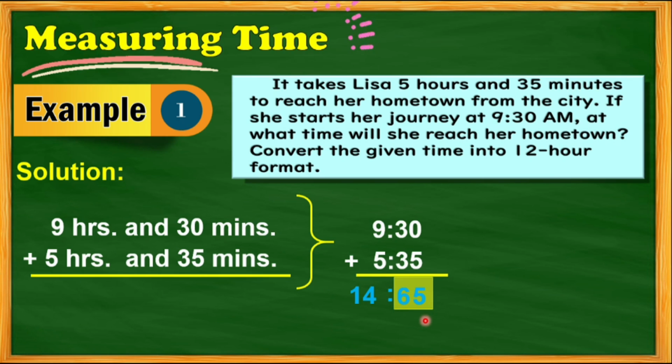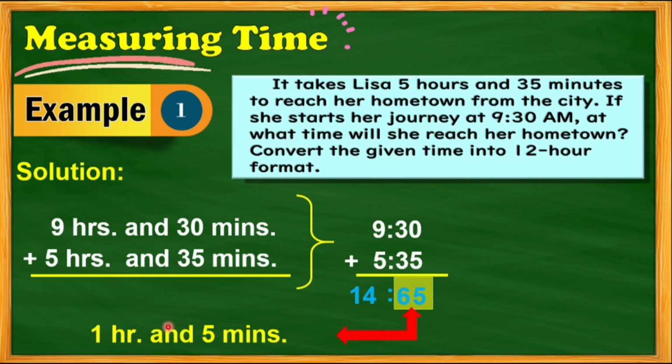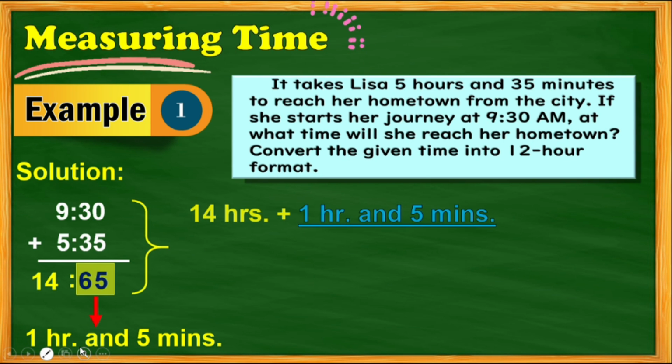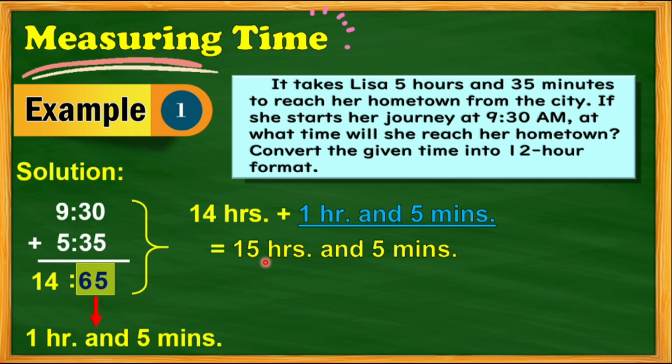But take note, 65 minutes is over a hour, so this would be converted into 1 hour and 5 minutes. We can add this to 14 hours. So 14 hours plus 1 hour is equivalent to 15 hours and 5 minutes.